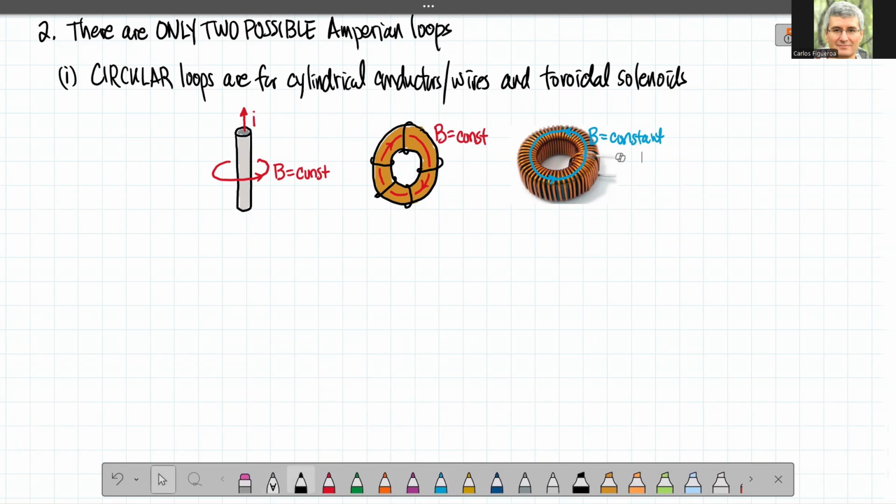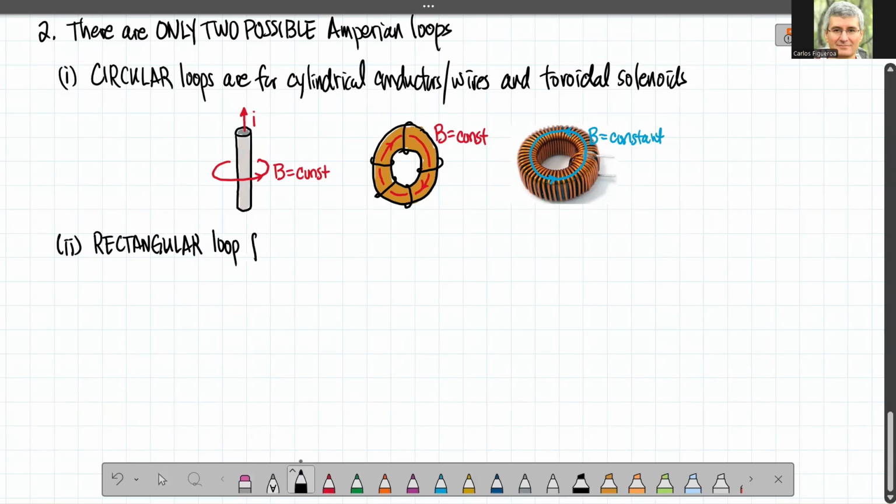So the next path that's possible is a rectangular loop. So here we have a rectangular loop for the common solenoid.